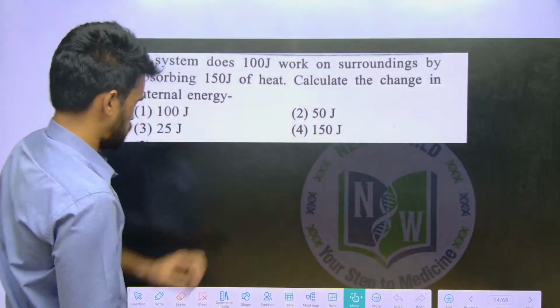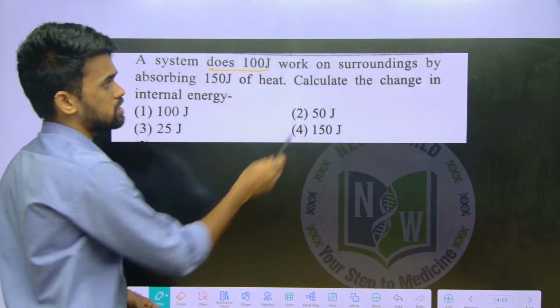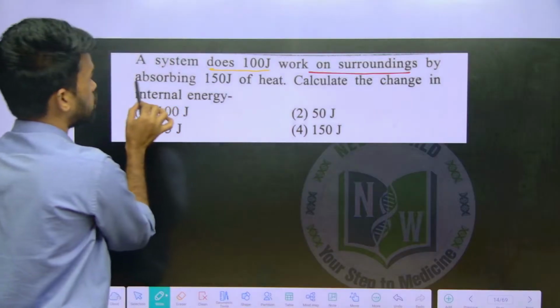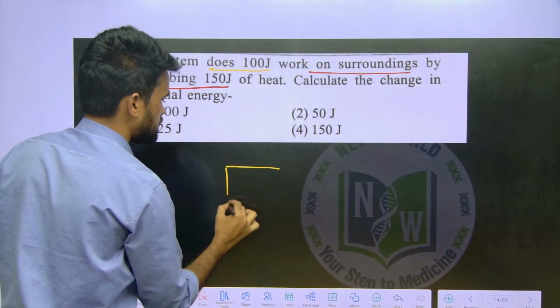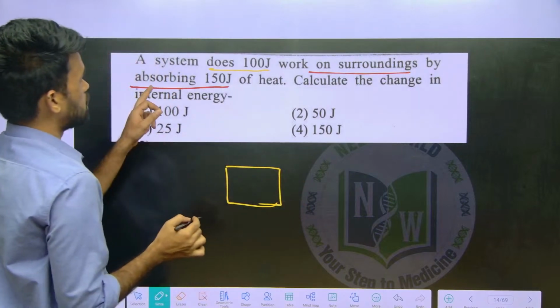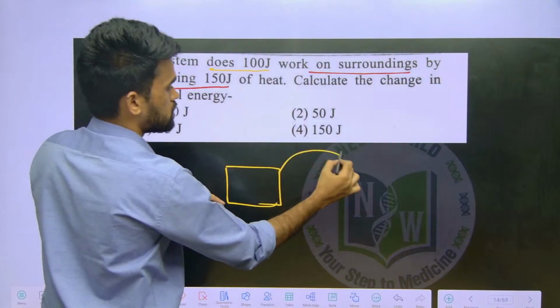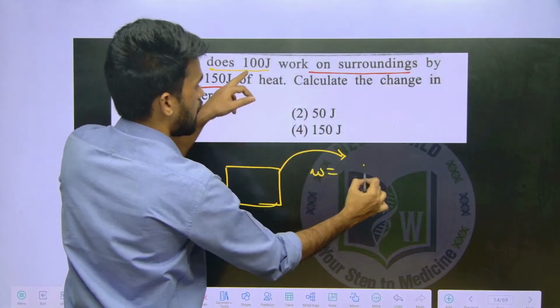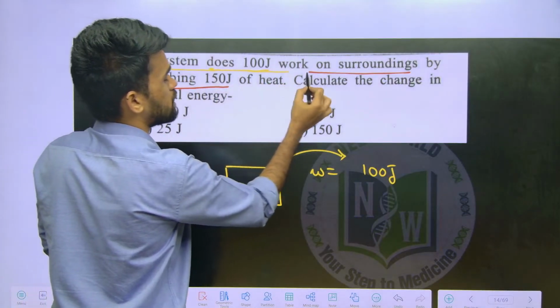Once read this question. A system does 100 joules of work on surroundings by absorbing 150 joules of heat. Let us say this is a system. So system does, it means work is done by the system. So it is doing some work. How much work it is doing? 100 joules of work on its surroundings.